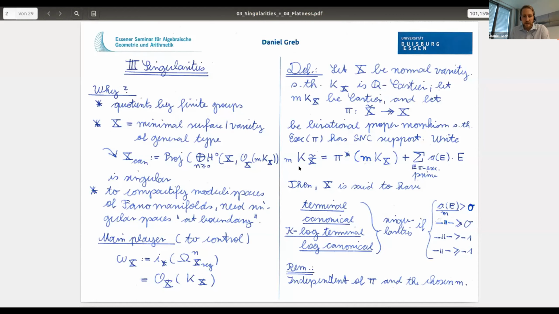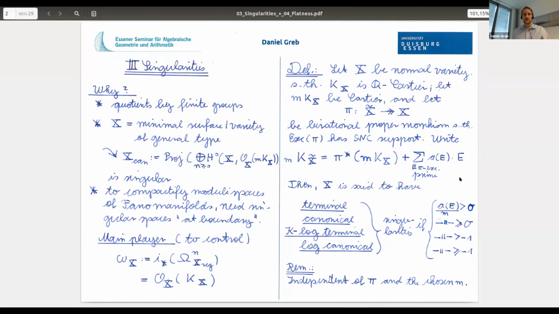So you write mK_X tilde in terms of the pullback, and since this exceptional set is exactly where the map is not an isomorphism, the difference between mK_X tilde and π^*(mK_X) will be some divisor supported on the exceptional set. Yeah? And then you introduce some condition depending on the coefficients in front of the exceptional prime divisors.